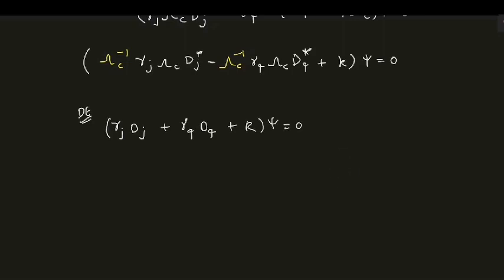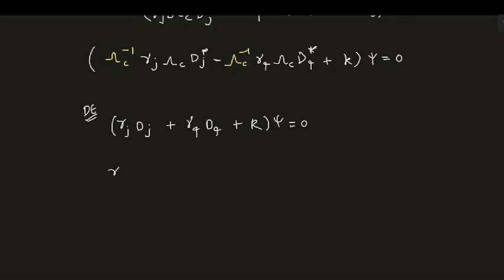So simply do one thing, just take the complex conjugate of this equation. So you will have gamma j star dj star plus of gamma 4 star d4 star plus of kappa into psi star. Okay, psi star, all this equals to 0.